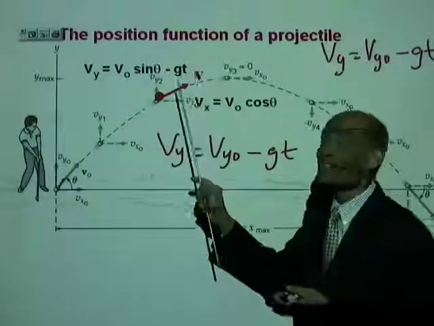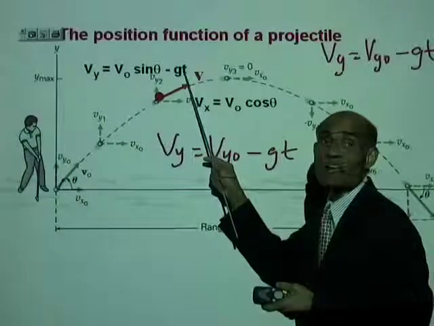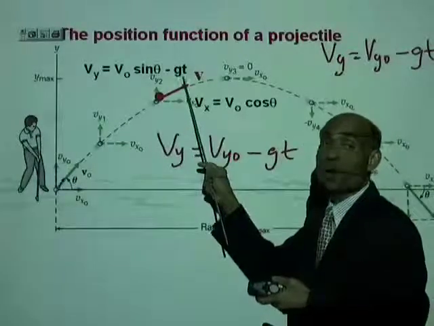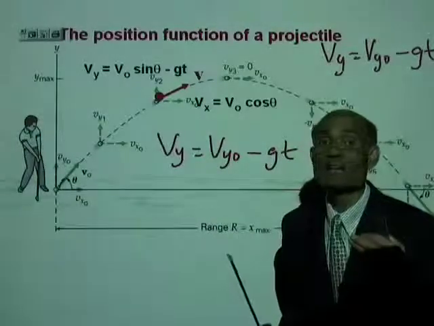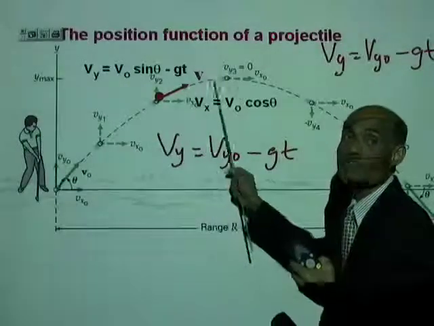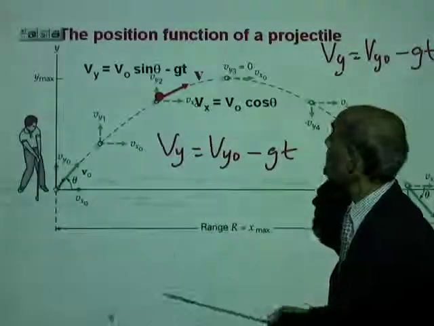Now, if you notice, if you set this v0 sine theta minus gt equal to 0 and solve for that t, what will that t be? It will be the time taken for the projectile to reach the maximum height. Yes. Okay, let's move on.